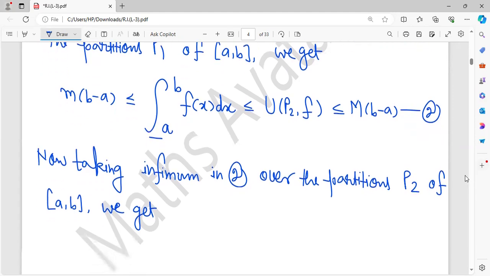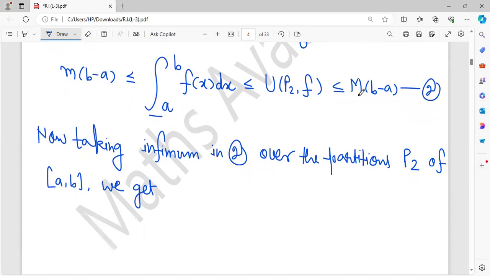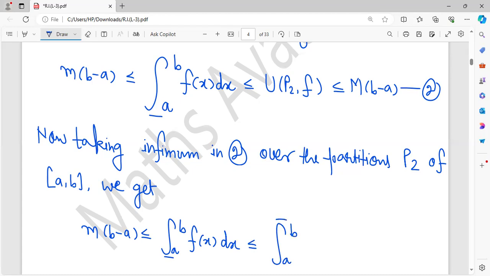Now, this lower integral is fixed and this is also fixed. So taking the infimum will be in between these two quantities. So m times (b minus a) is less than or equal to the lower integral of f(x) dx, which is less than or equal to the upper integral of f(x) dx, which is less than or equal to capital M times (b minus a). So this is the proof. So we got the result.